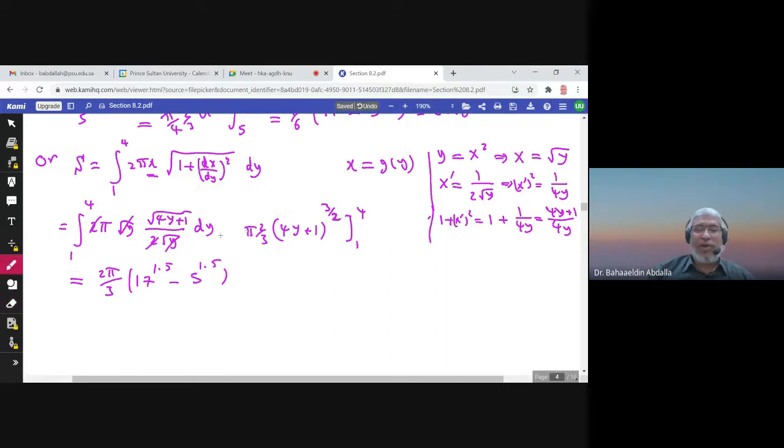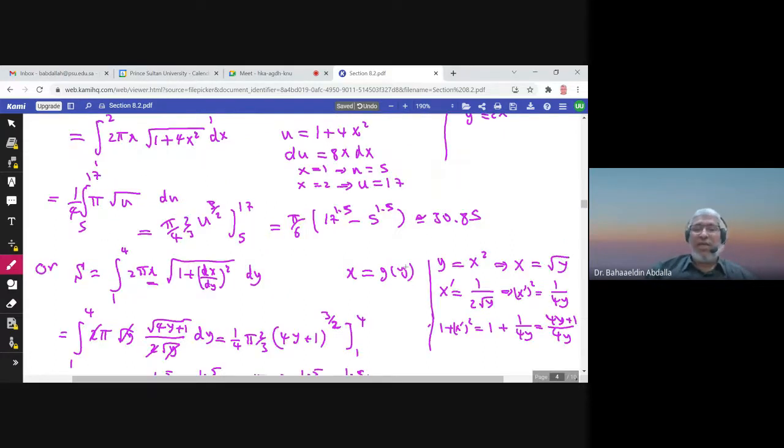I have to divide by 4, the derivative of 4y plus 1. So when I divide by 4, then 2 cancels with 4, and I have pi over 6 times 17 to the power 1.5 minus 5 to the power 1.5. And this is exactly the same answer here.